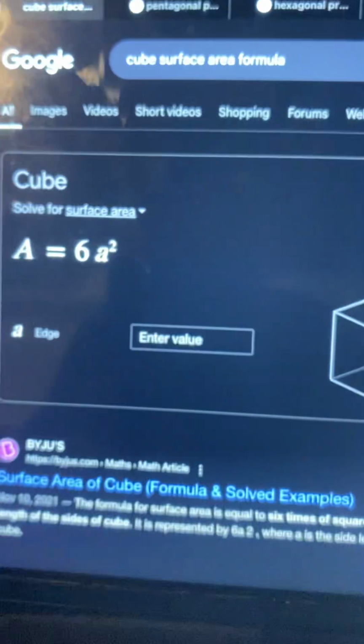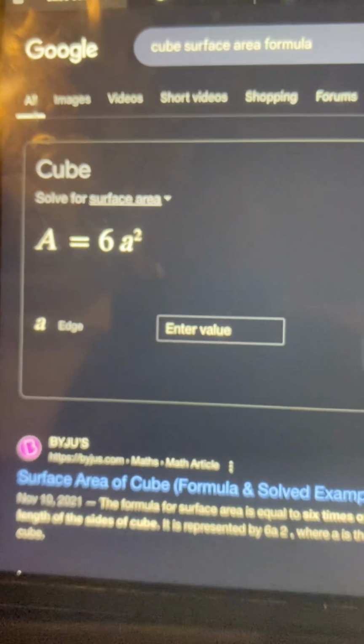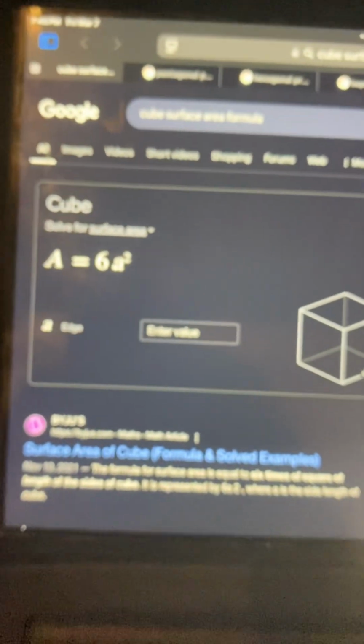Well, for beginners, it is very complicated, especially if you don't know how to square a number, or if you've never heard of a number raised to the power of 2. 2 is the exponent, but we're going to learn about exponents in another video, so don't panic, don't worry, we're just learning about the basics of prisms here.